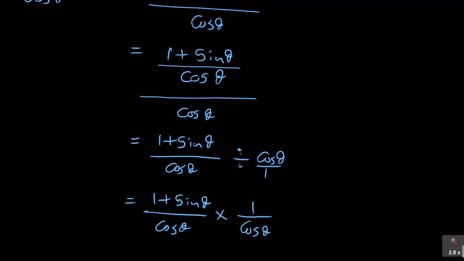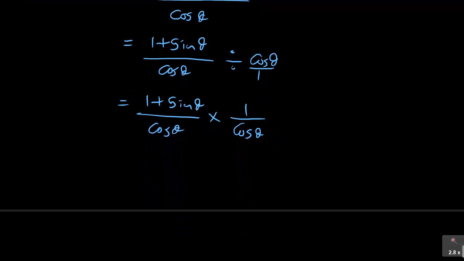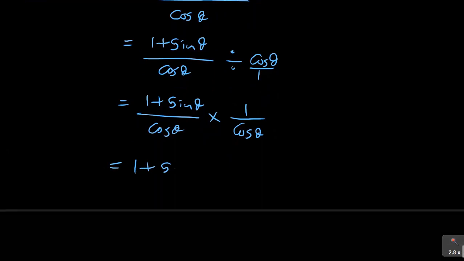Remember, when you're changing from division to multiplication, you invert. Therefore, this gives me 1 plus sin theta over, when you multiply cos theta times cos theta, cos squared theta.